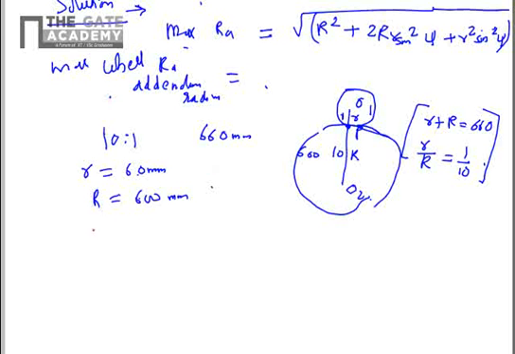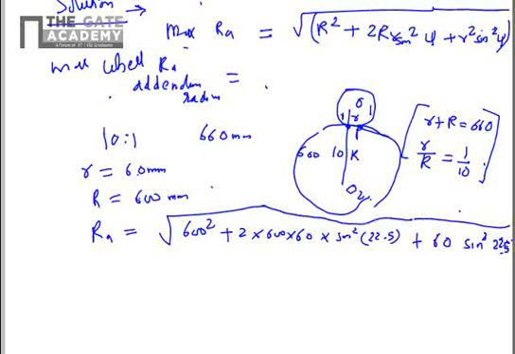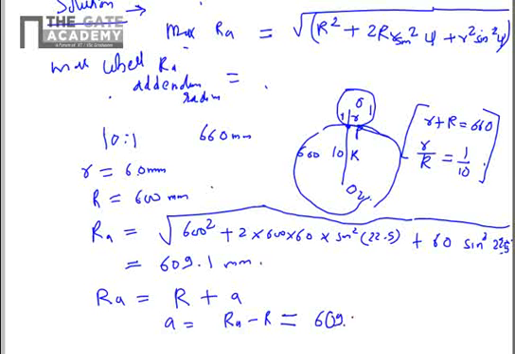Now we can go ahead on calculating RA. The maximum value of RA will be the square root of 600 square plus 2 into 600 into 60 into sine square 22.5 plus 60 square sine square 22.5. If you simplify this expression, you will get RA equal to 609.1 mm. Now RA, the radius of the addendum circle, is equal to the radius of the pitch circle plus the addendum. So the addendum will be equal to RA minus R, 609.1 minus 600.